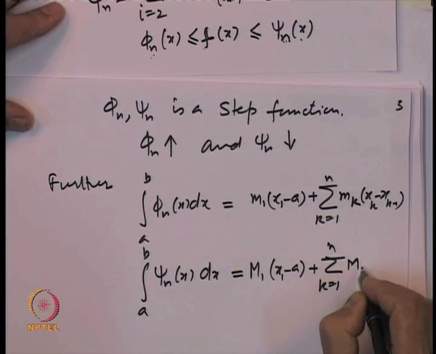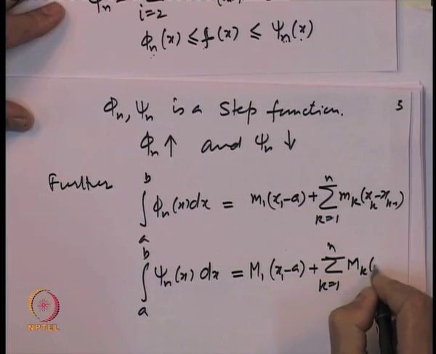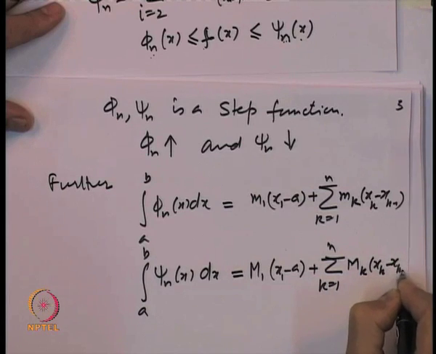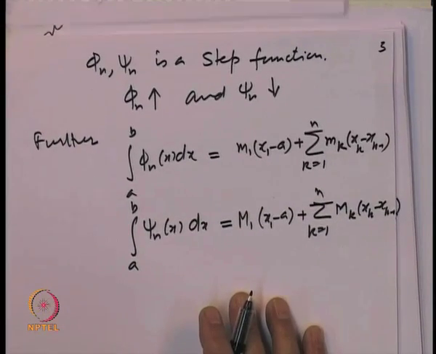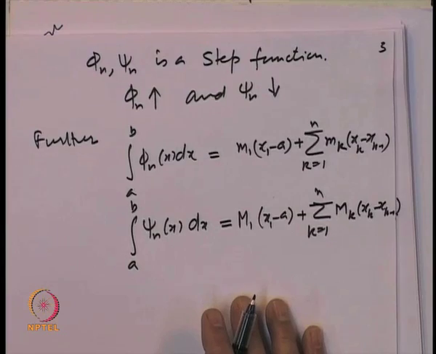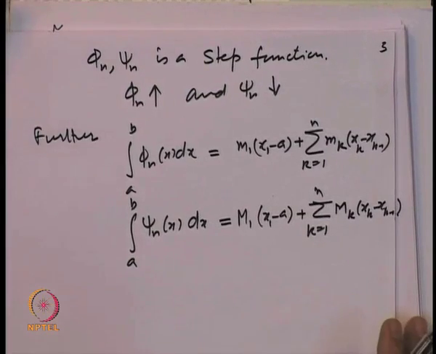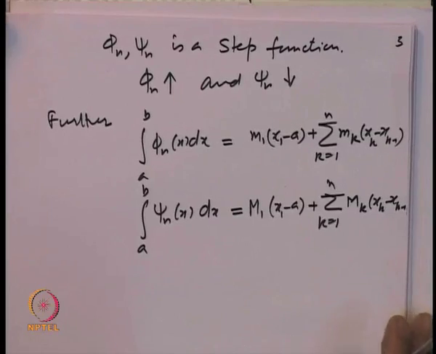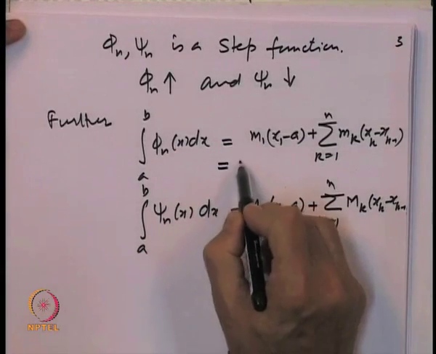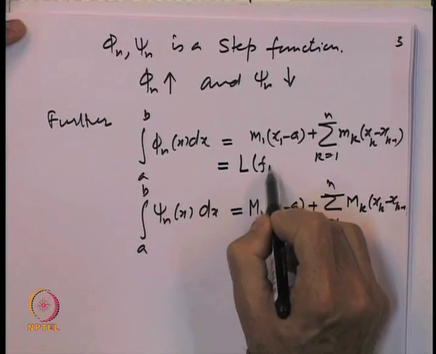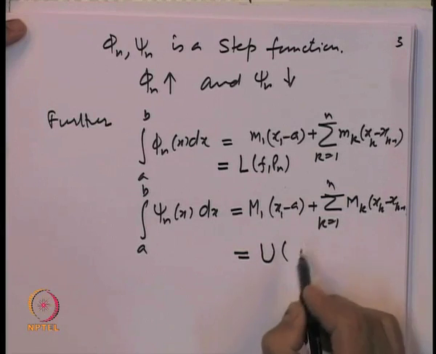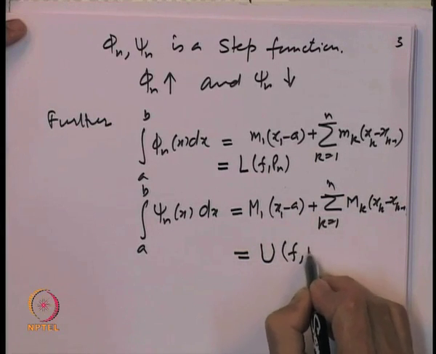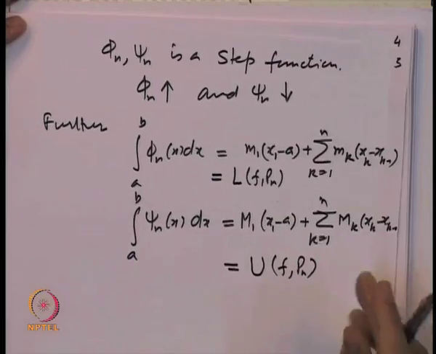So, that is capital M_k times x_k minus x_{k-1}, right. So, those are the Riemann integrals, and by the definition of the upper and the lower sums, this is precisely the lower sum of f with respect to P_n, and this is precisely the upper sum of the function f with respect to the partition P_n.